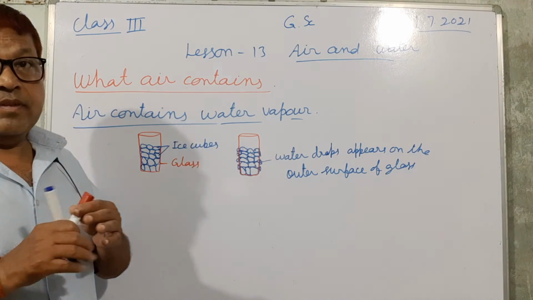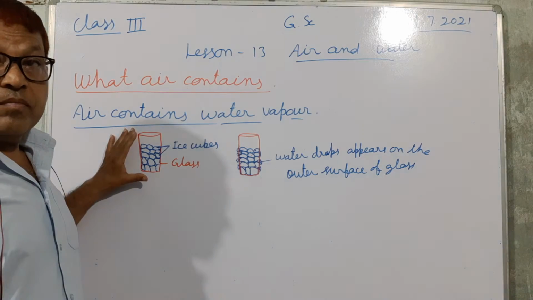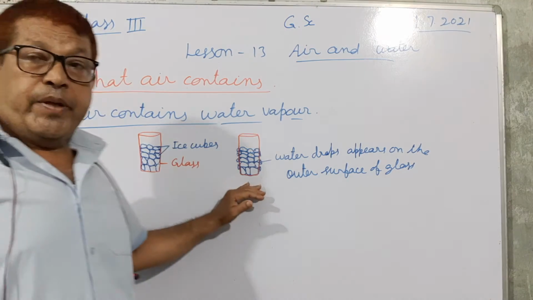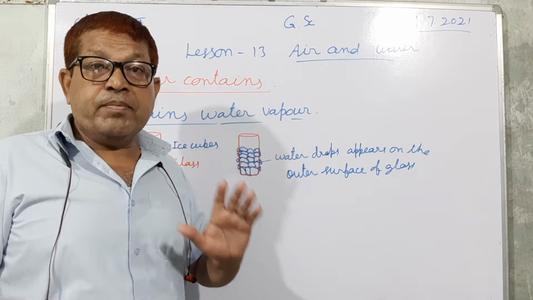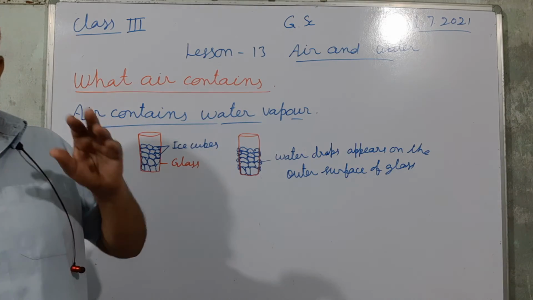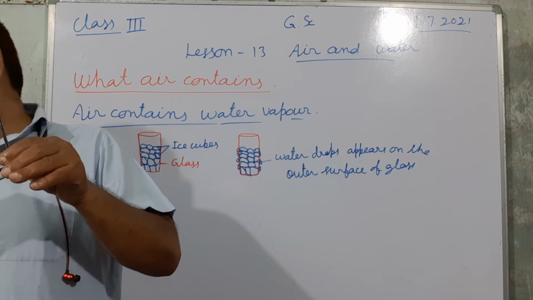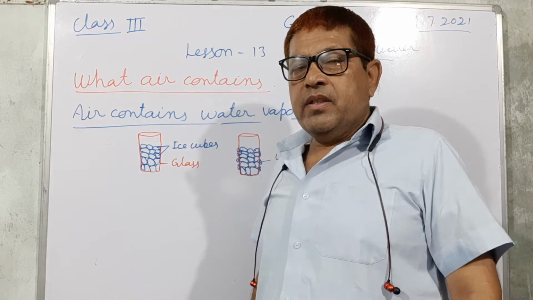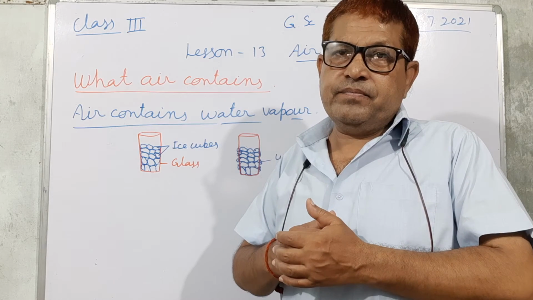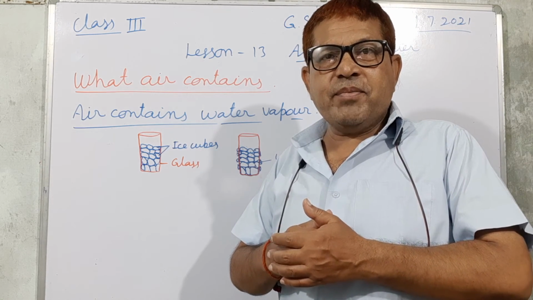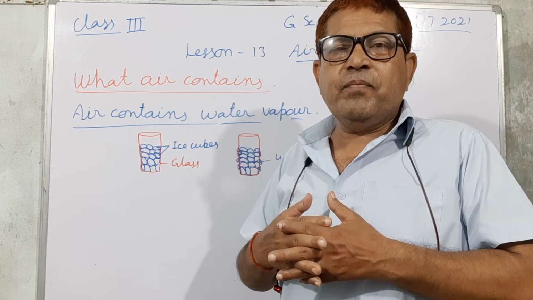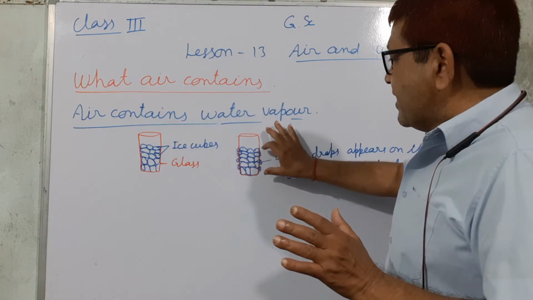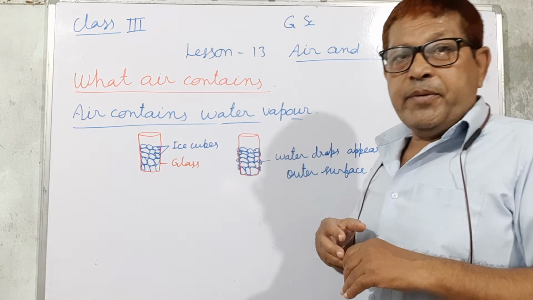So see here, this is a glass containing ice cubes. After some time, we observe water drops on the outer surface of the glass. The question arises, from where do these water drops come? Do these water drops come from leakage of the glass? No. Only in this region are water drops appearing.